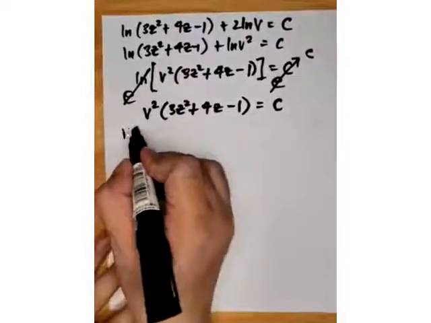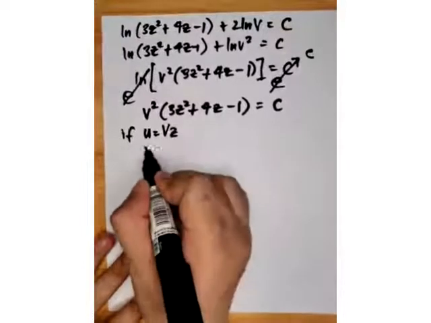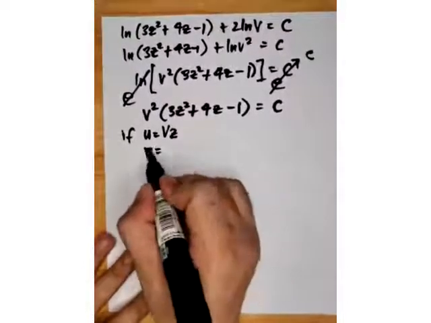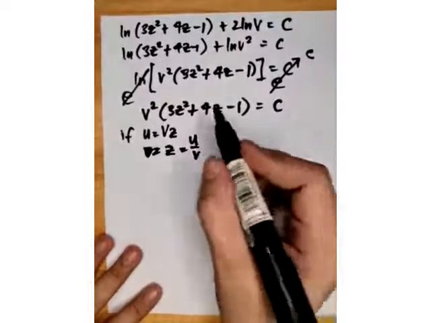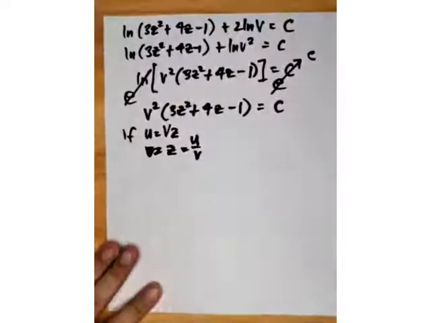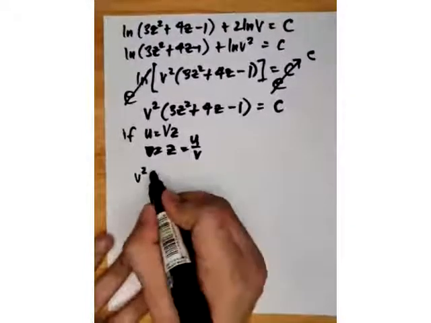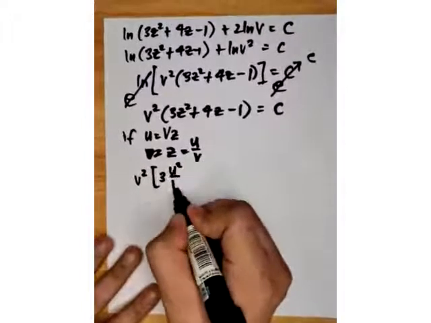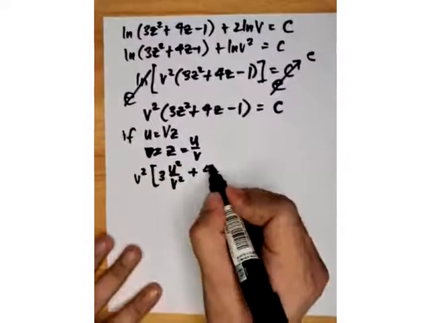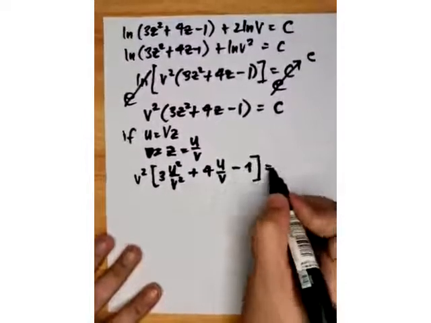Kaya lang, if u is equal to vz, so therefore z is equal to u over v. So let's substitute that. So v squared times 3 times u squared over v squared plus 4 times u over v minus 1 is equal to c.